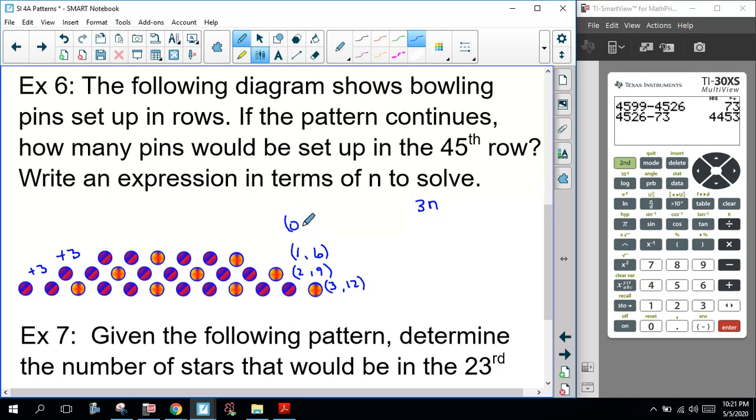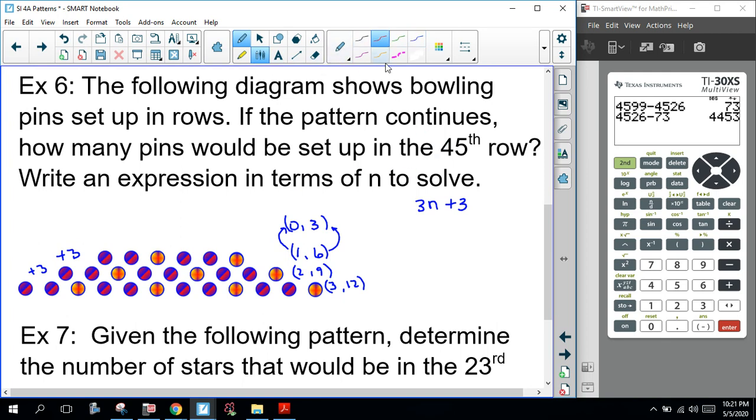So 0, comma, what? Well, I went backwards here by 1. And this pattern here with the y's kept adding 3. So I go backwards here by 3. Well, 6 minus 3 is going to be 3. So my expression here is going to be 3n plus 3. So that answers the part of it where it says to write the expression.